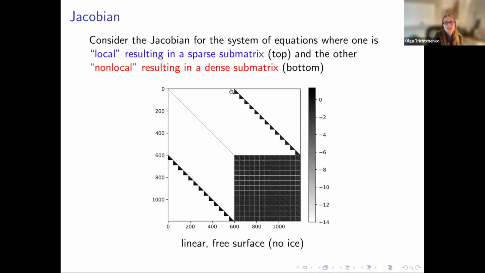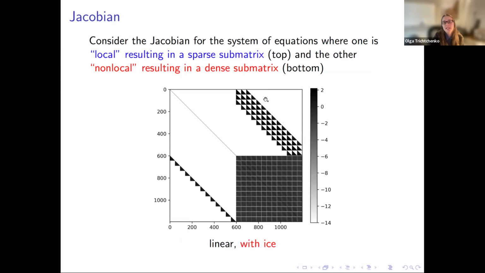And here you see the little triangles because our unknown variables are the x derivatives, and really we want to compute the free surface itself. If you add ice, for example, this term here starts to fill in a little bit because you have those 4 derivative terms.